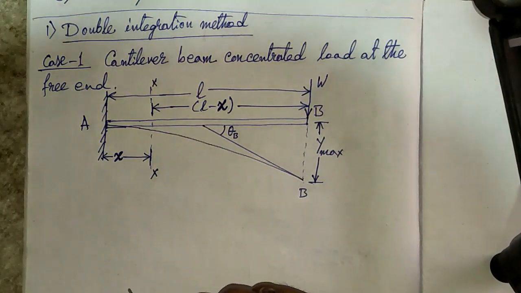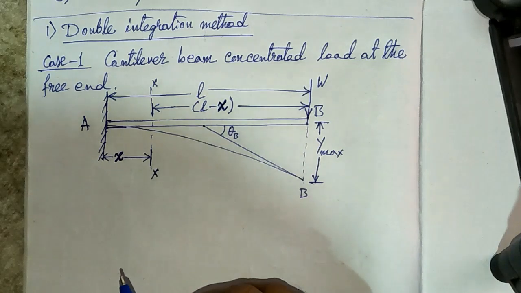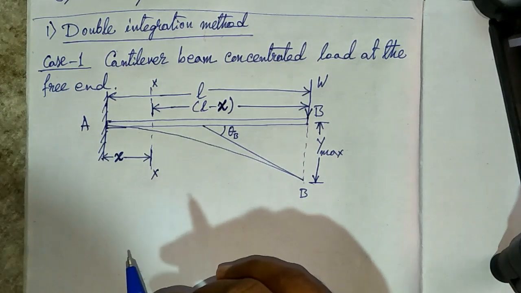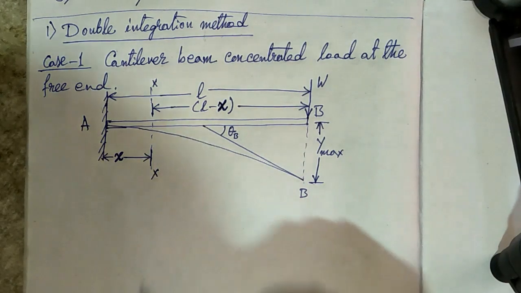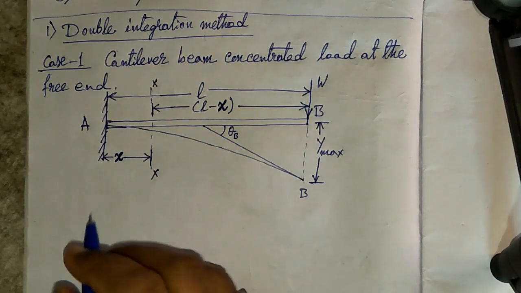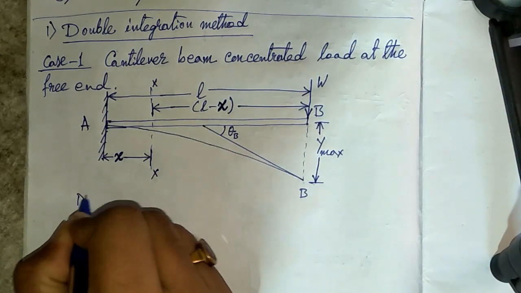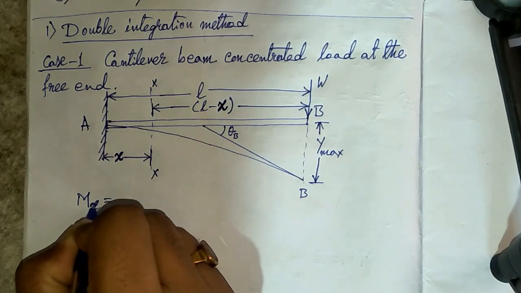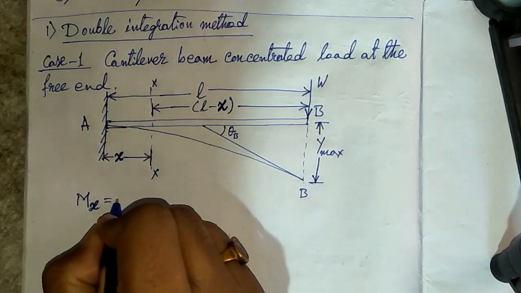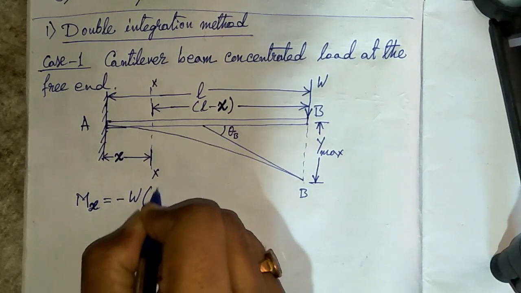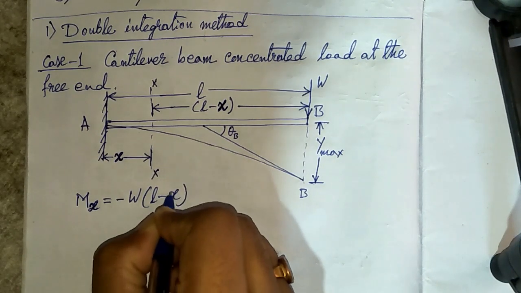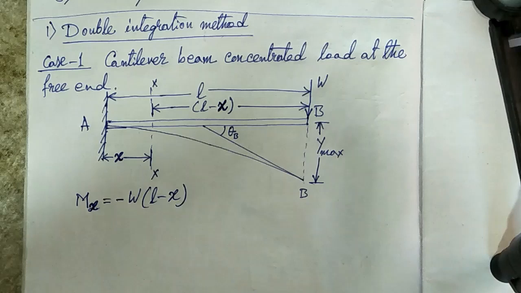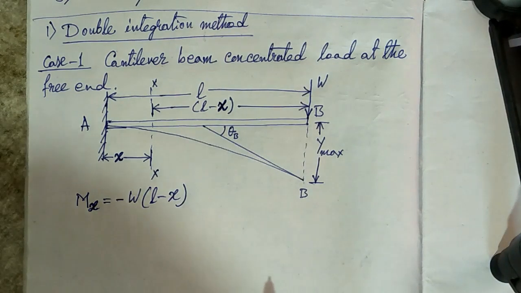The moment at the point x, m suffix x, is equal to minus W into L minus x. We know this from the shear force bending moment diagram.